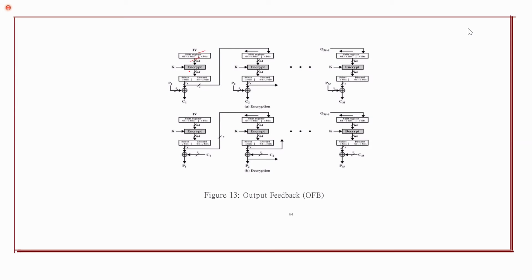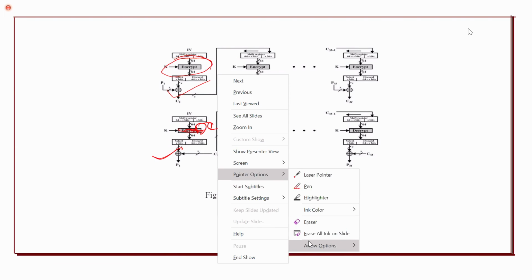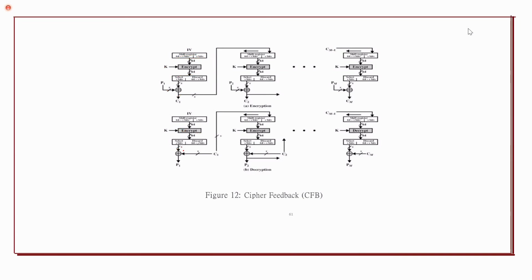And then it applies encryption. Then it will select S bits, and whatever the S bits are selected, those S bits will be given to the next block. So in cipher feedback mode, whatever the result of the XOR operation is, that result is given to the next block.